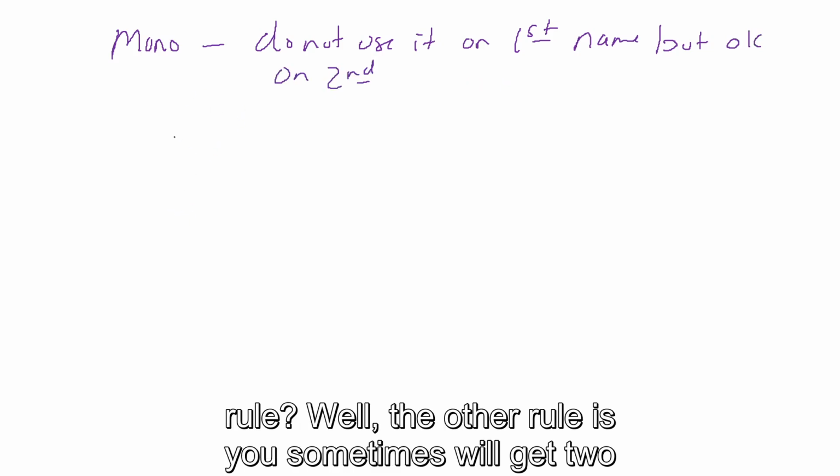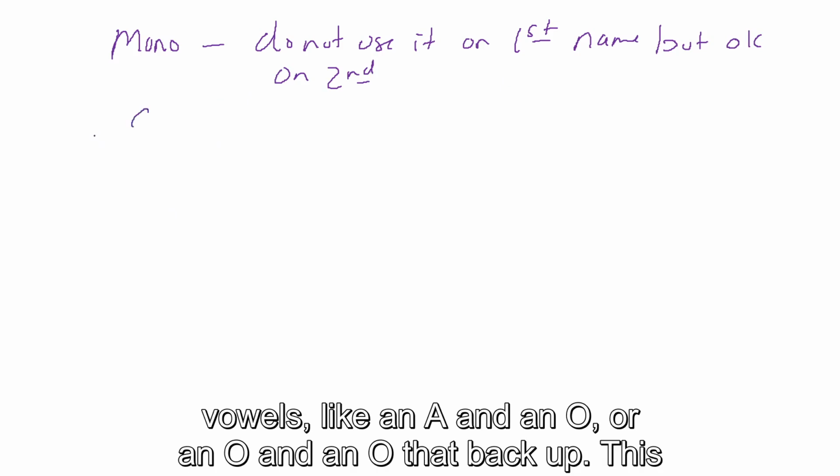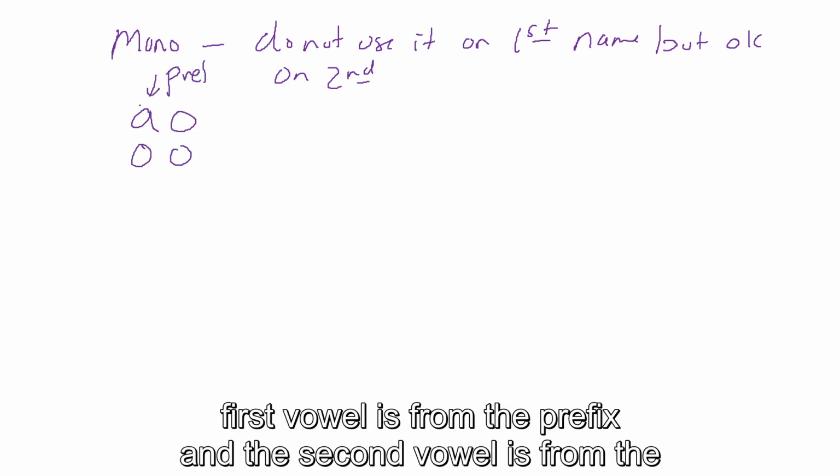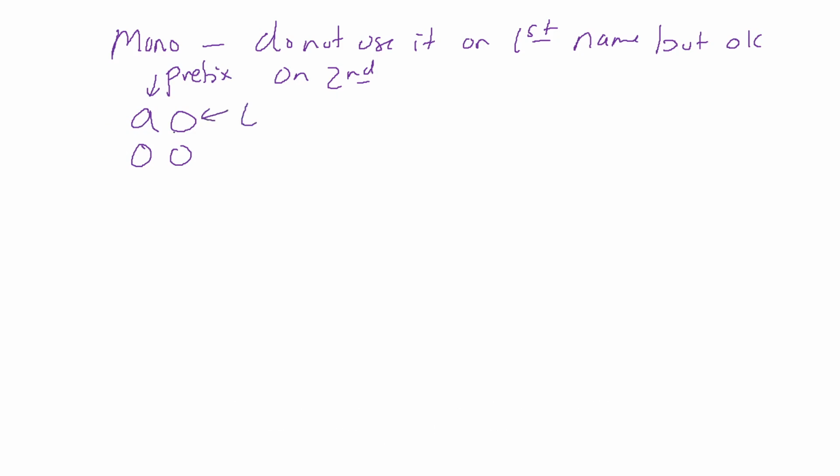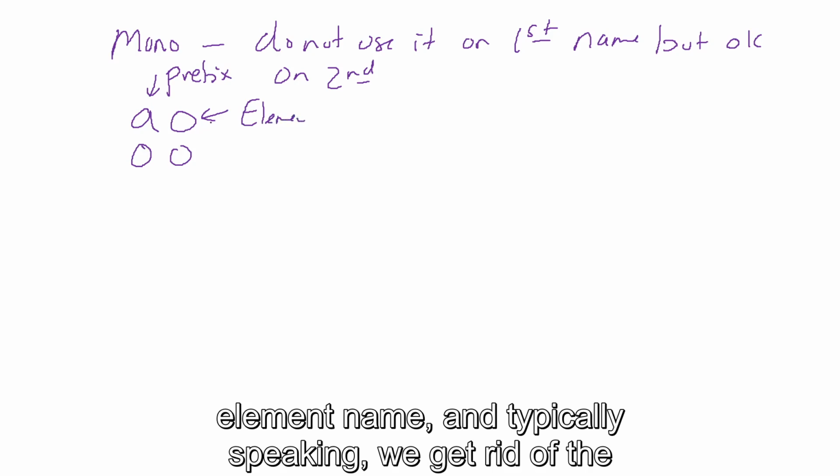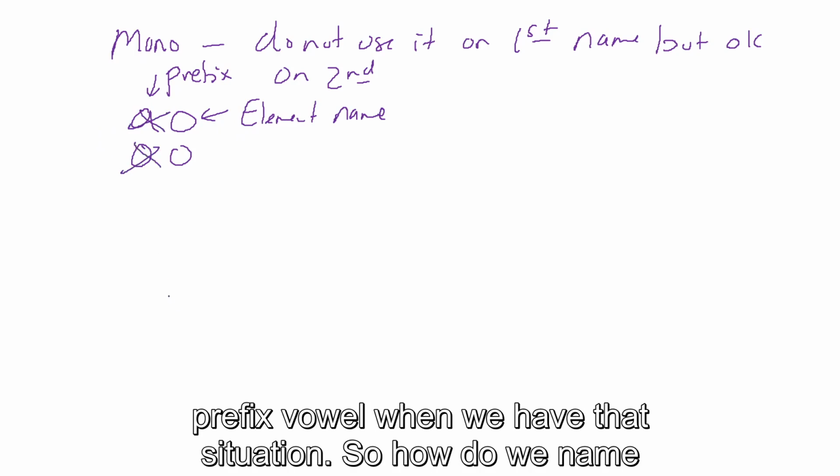The other rule is you sometimes will get two vowels, like an A and an O, or an O and an O, that back up. The first vowel is from the prefix, and the second vowel is from the element name. Typically, we get rid of the prefix vowel when we have that situation.